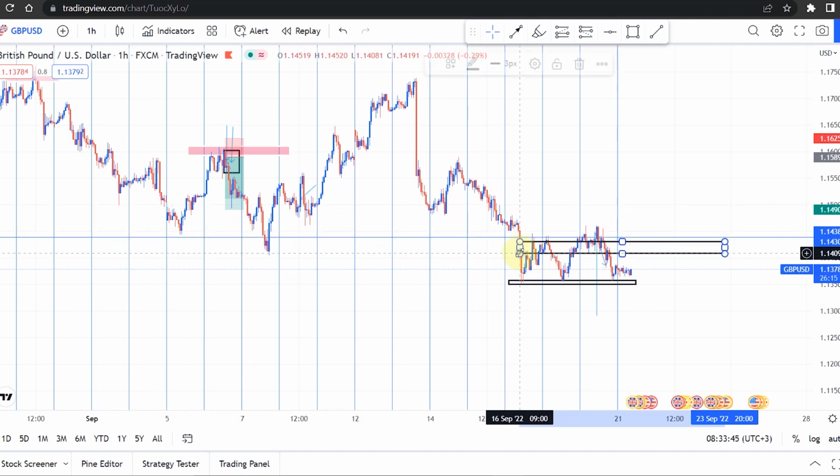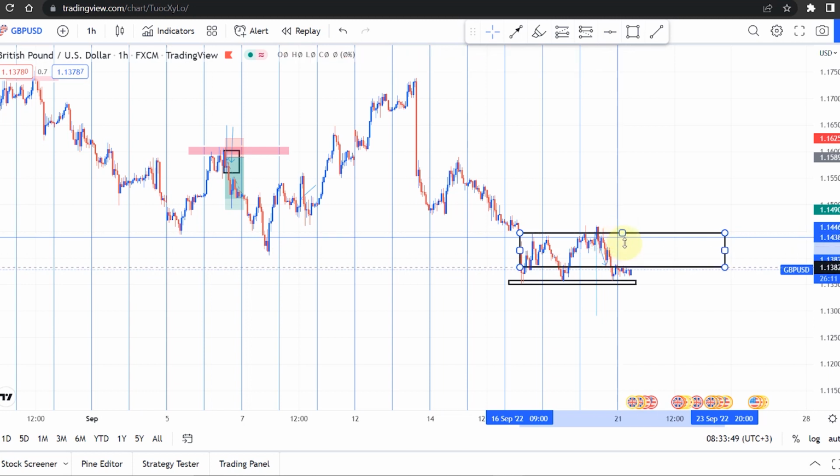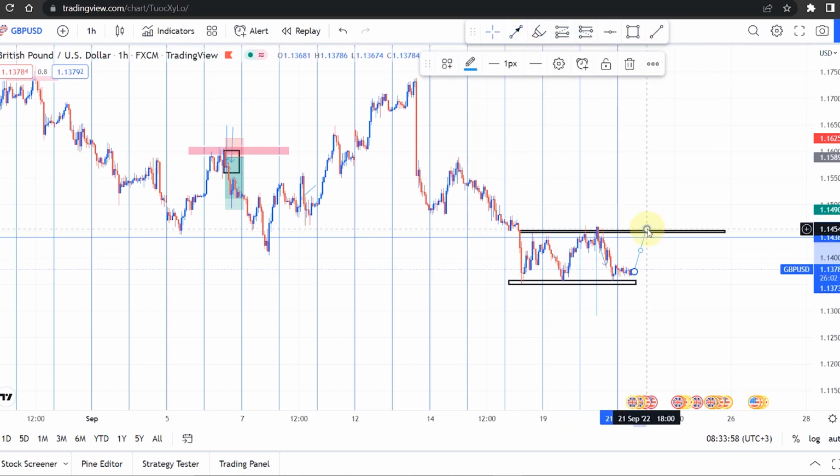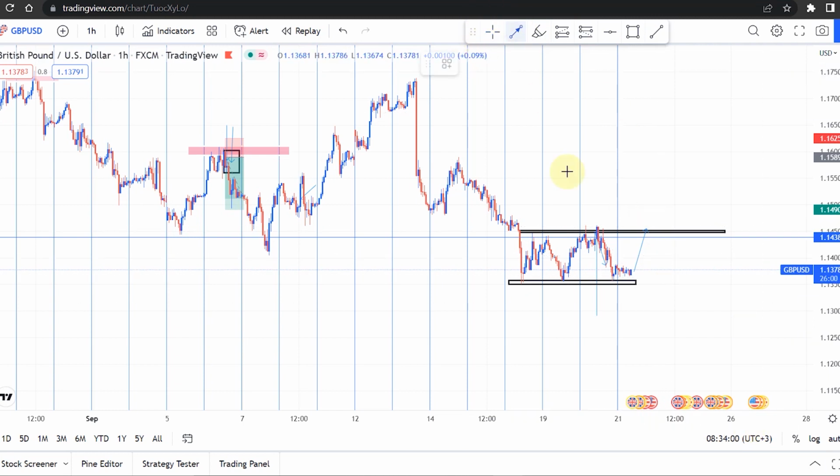Good. So you can see that again we are sort of consolidating now. What do you expect? We push up to here, but since the overall trend is the downside, we could now come back here. Now since this level had been respected, we expect of course for it to be broken or again get respected.